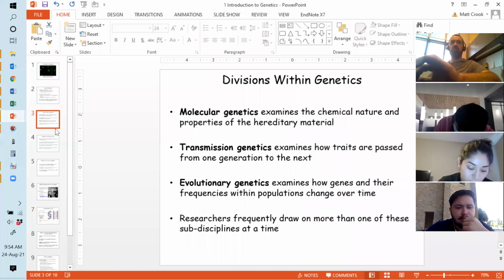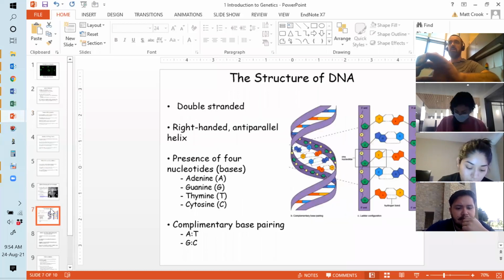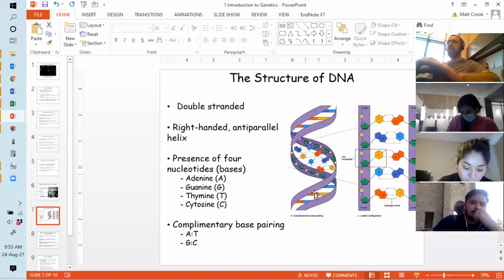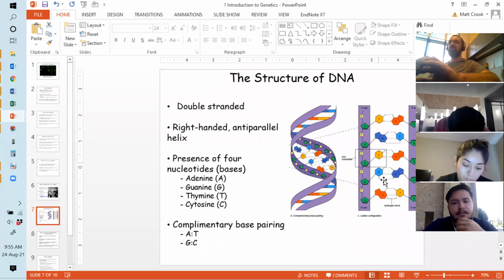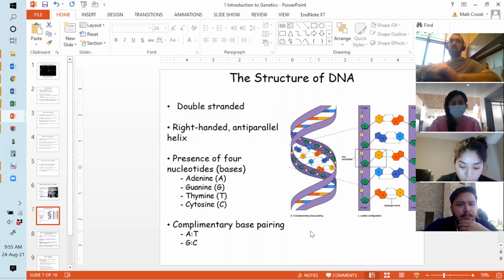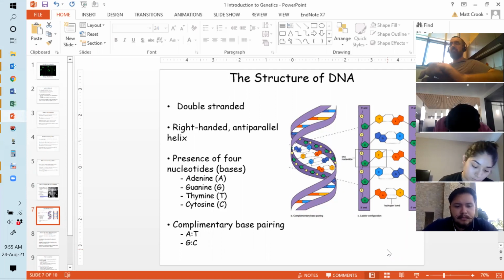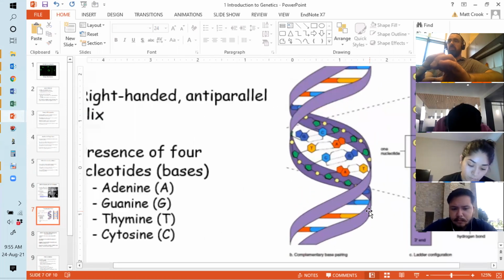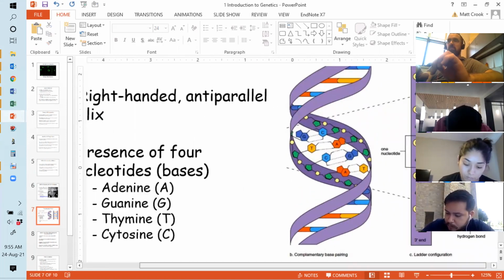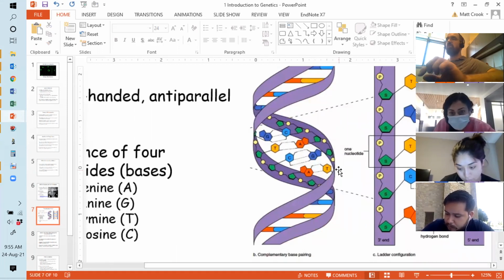And part of the reason for that robustness is this double-stranded structure. The reactive, vulnerable parts of DNA are on the inside. That's the nitrogenous bases, these rings that you see here. And the outside is called the phosphate sugar backbone, right?